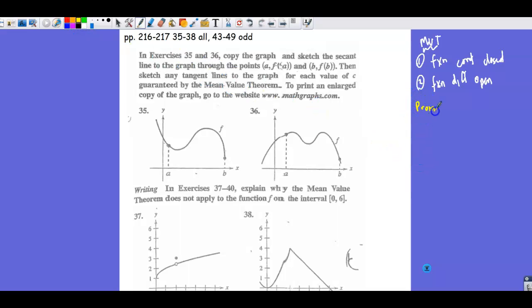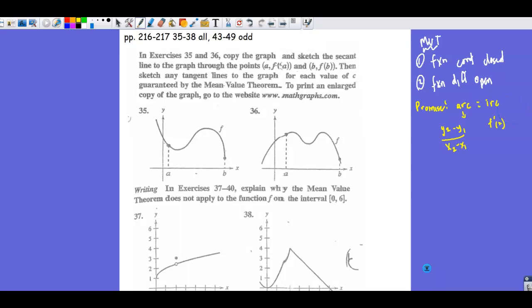If the conditions are met, the promise is somewhere on that interval, the average rate of change, so that's one of your jobs. You have to calculate average rate of change by calculating slopes, that's your Algebra 1 piece, is equal to the instant rate of change, and that is the derivative of the function. So that's the work that has to occur.